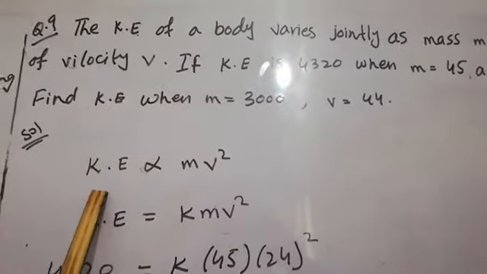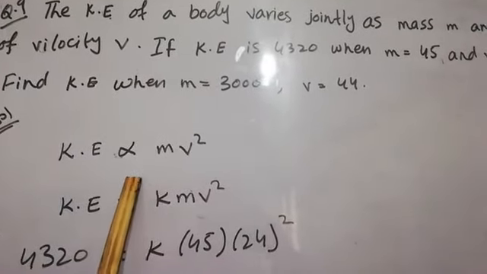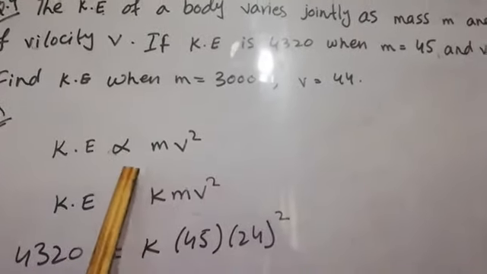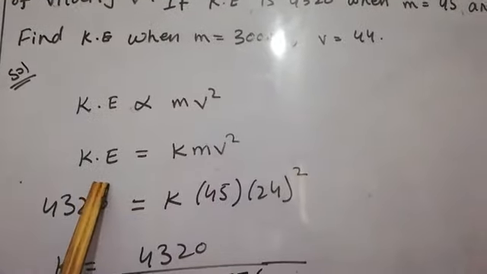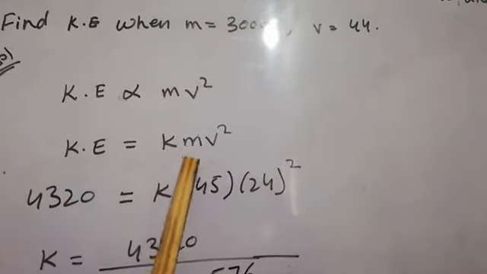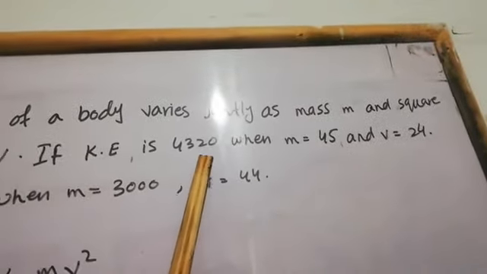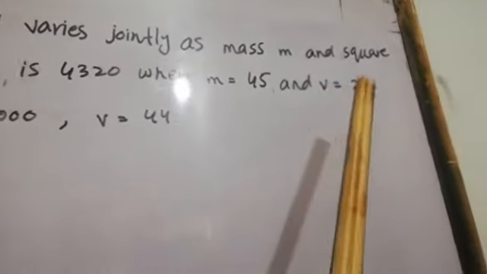So first we will write the relation: KE, kinetic energy, is directly proportional to m and v square, and change the proportional sign to a proportional constant. KE is equal to kmv square. Now if kinetic energy is 4320, m is 45, v is 24.